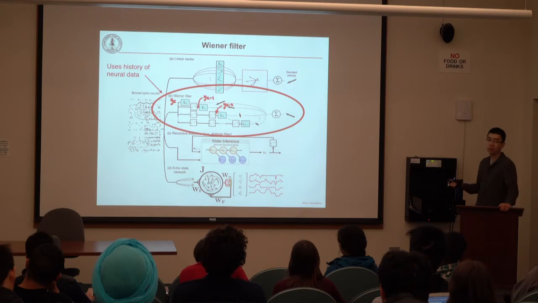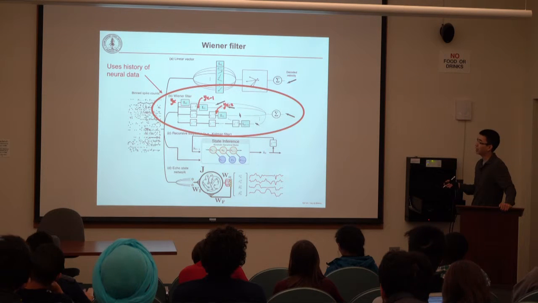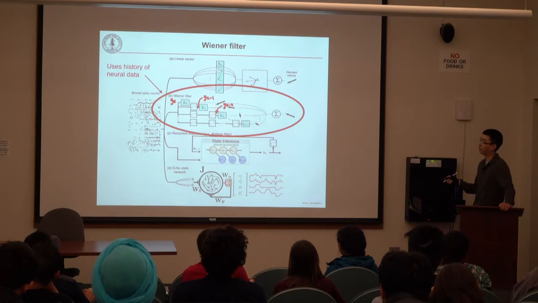And what we do in the Wiener filter, ultimately what it can be reduced down to, is we hit the neural data again by a vector of preferred directions. And so here, neuron 1 at time k will vote for its preferred direction. But then in this block, neuron 1 at just 1 time step earlier will also vote for a preferred direction given by the matrix L1.